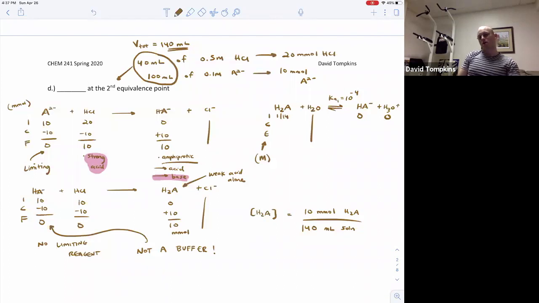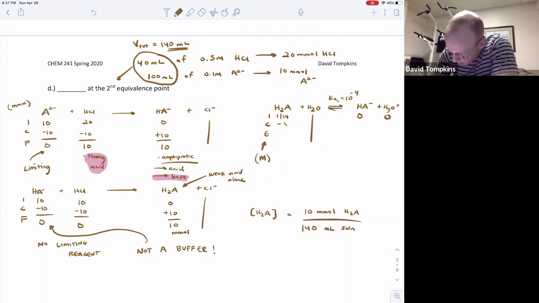So what we're proving is really this reaction can go backwards a little bit here, right? We're just going to give that proton back to water. Small amount reacts.